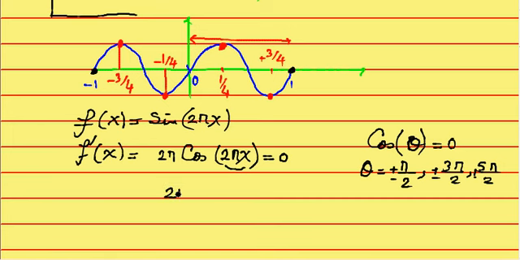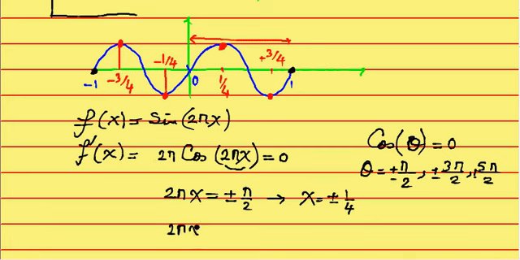So I go ahead to set the argument 2 pi x equal to the first one of these, pi over 2. I'll divide by pi, divide by 2, and you are going to get x is equal to plus or minus 1/4. These are these two locations, minus 1/4 and plus 1/4.